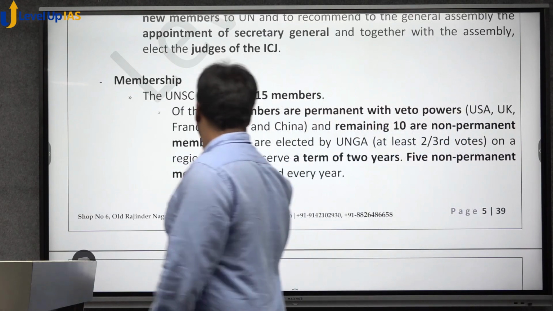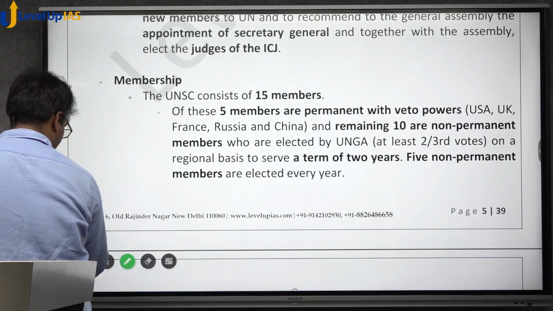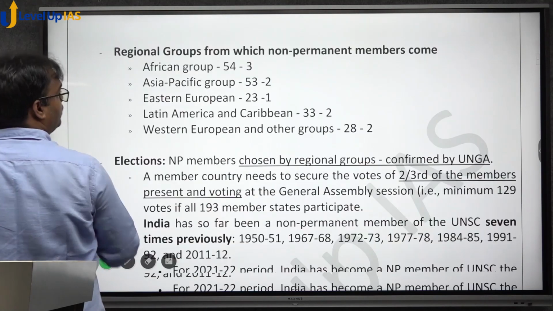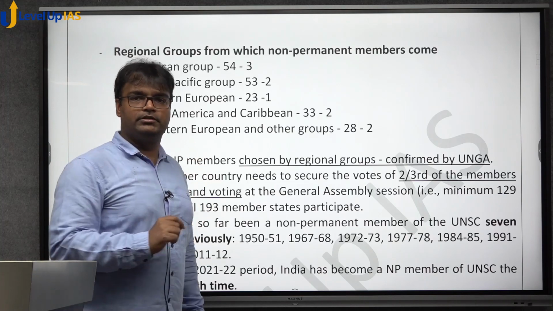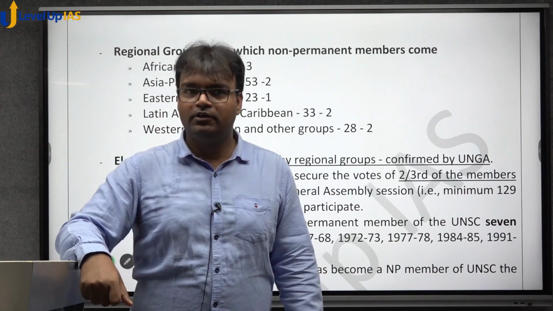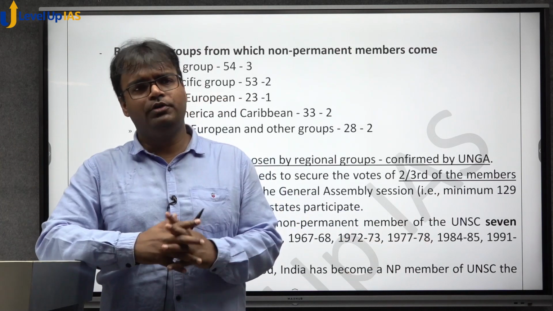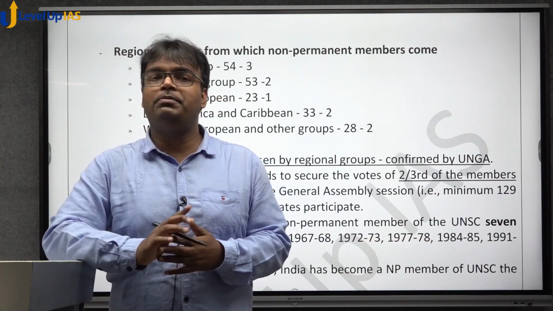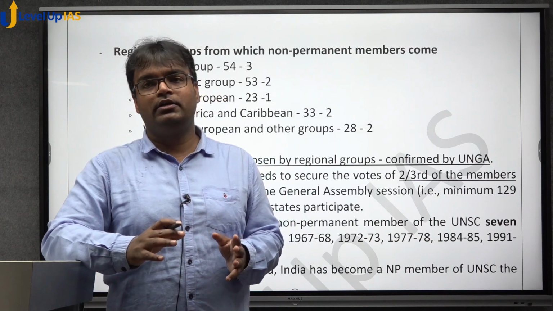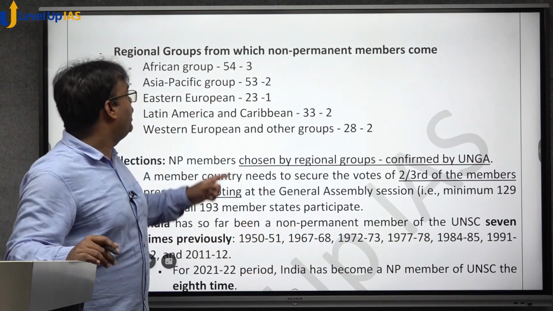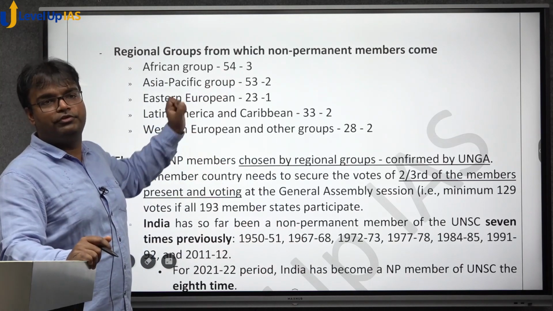Now the non-permanent members. The 5 permanent members are fixed. Can all the 10 non-permanent members come from Europe? No. The non-permanent members have been distributed geographically. At any time, we would have 3 non-permanent members from the African group.